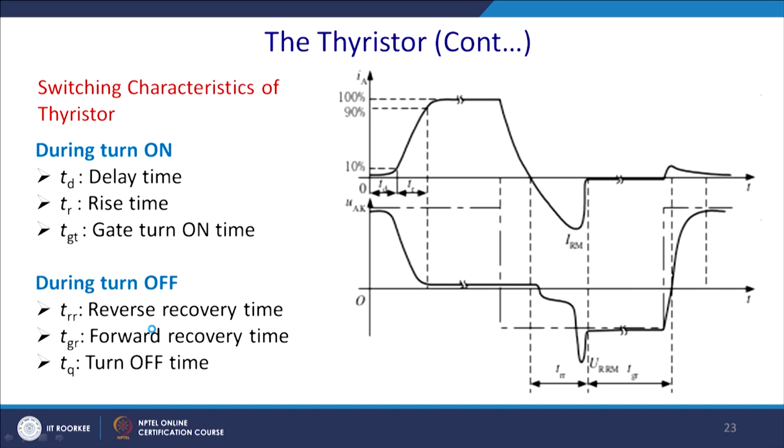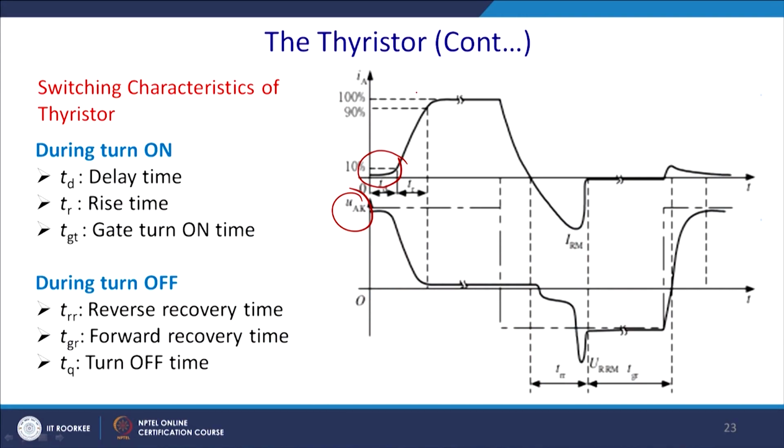Now, these are the switching characteristics of the thyristors. This is the voltage VAK, that is anode to cathode voltage, and it will drop. You can find that the current through the thyristor takes some time to reach 10% of its peak value, from the leakage current, which you can assume to be 0, to 10% of the load current or the final rated current.